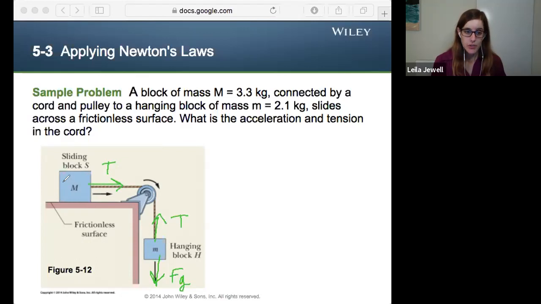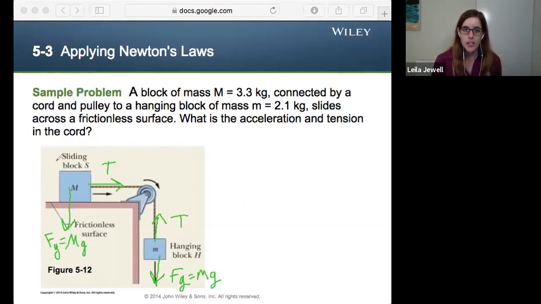Right, other forces, we still have the force of gravity on it, pulling down. And in this case, the force of gravity is not the same. So rather than using F sub g, since we don't have a convenient subscript, I'm going to switch to writing it as capital M times g. And similarly for F sub g over here, I'm going to switch to writing as little m times g. That should keep it clear.